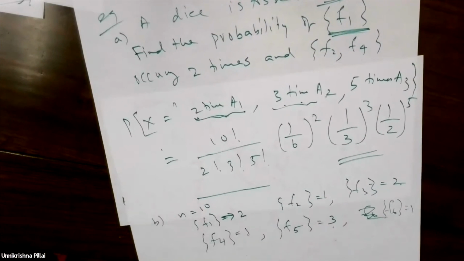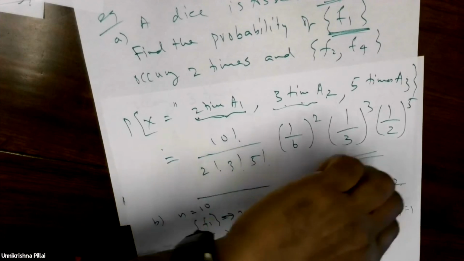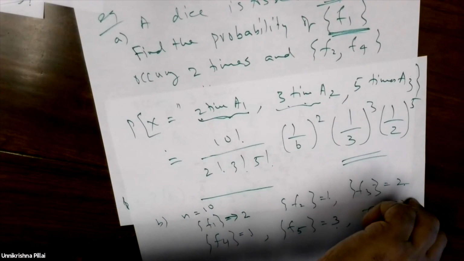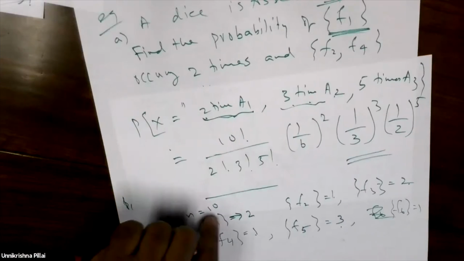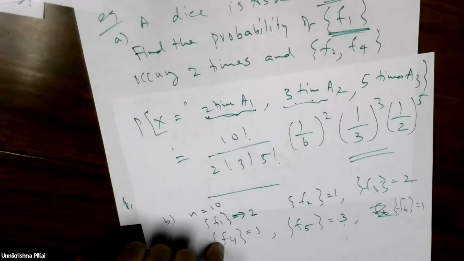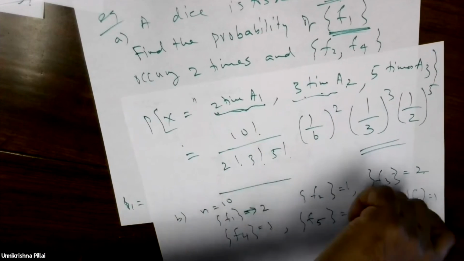So this is a multinomial problem with how many, M is what? Same problem. Here you have A1, A2, A3, A4, A5, A6. And then you know the probability. P1 is 1/6, P2 is 1/6, P3 is 1/6, P4 is 1/6, this is 1/6, this is 1/6.